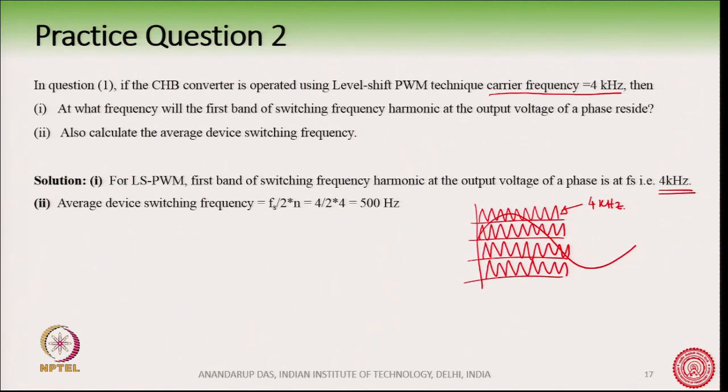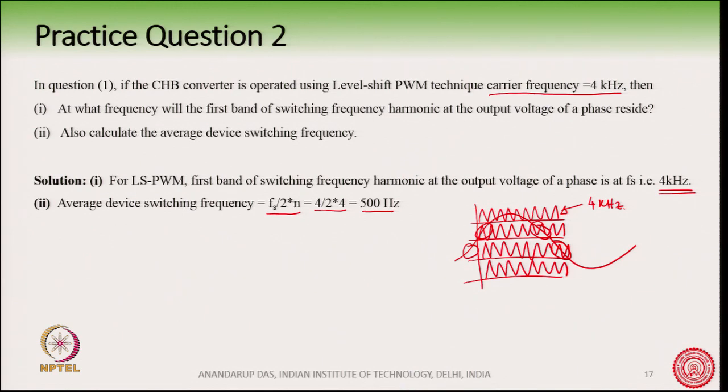The next question is the average device switching frequency. You can see from the waveform itself that the device is switching only here and here, for example, and some devices are switching here and here. So, the device switching frequency is much lesser than the carrier frequency. In fact, it is the carrier frequency divided by 2n. So, 4 kilohertz by 8, that is 500 hertz.